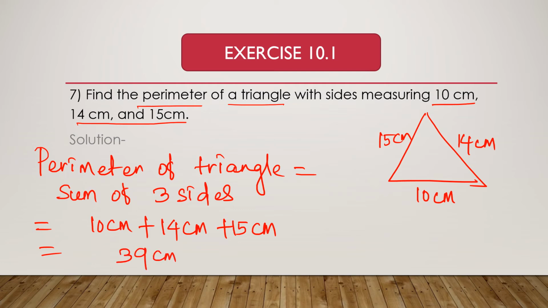This is 39 centimeter. So perimeter of the triangle with sides measuring 10 centimeter, 14 centimeter and 15 centimeter is 39 centimeter.